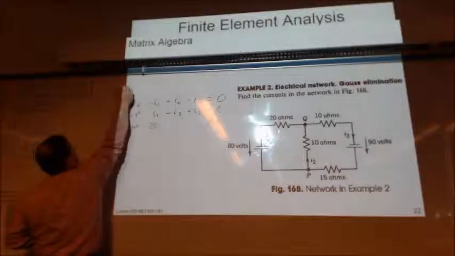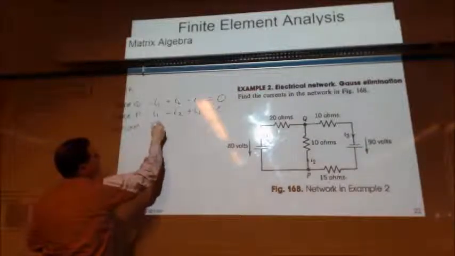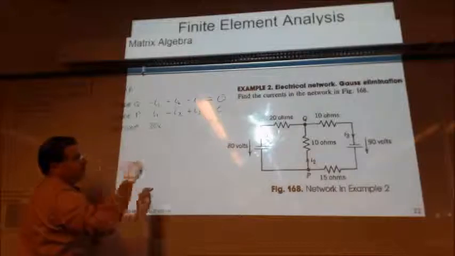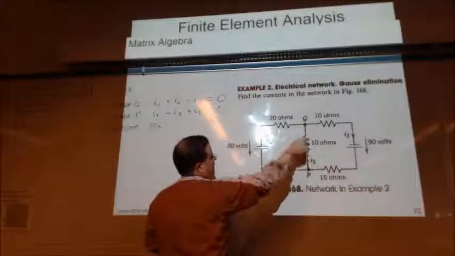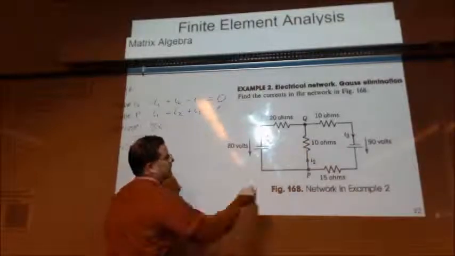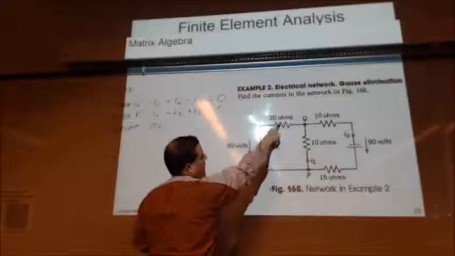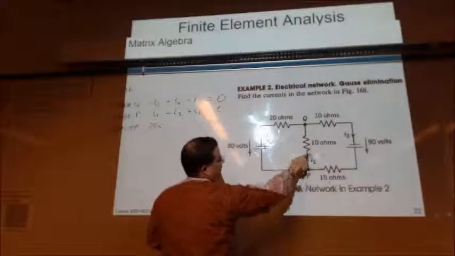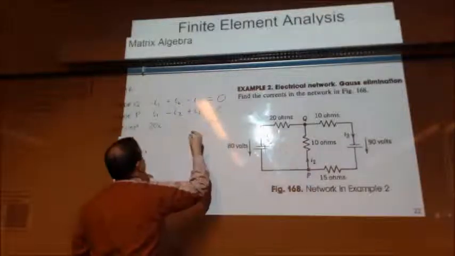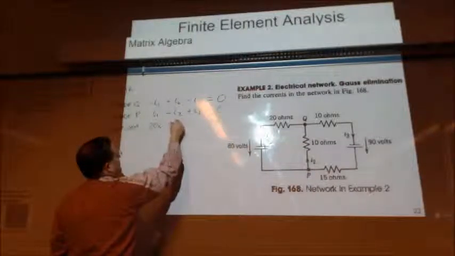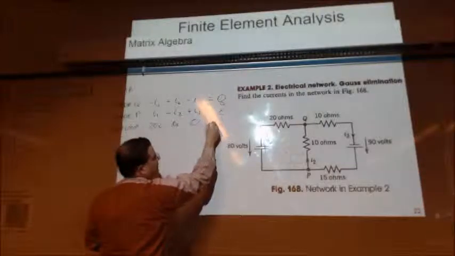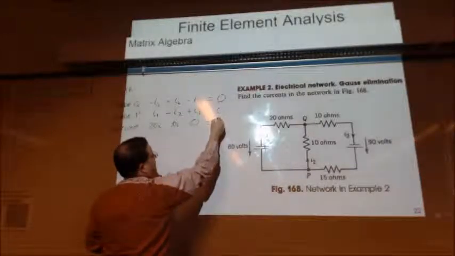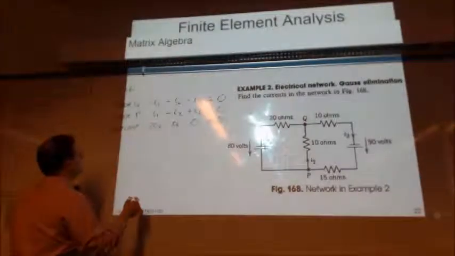Volts equals IR. So 20I. Let's see, we're going around. So we've got a 10. So for I1, we only have 20. For I2, we've got 10. We got a 0 here, equals 80 volts.